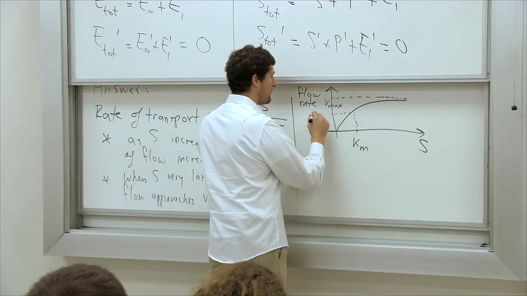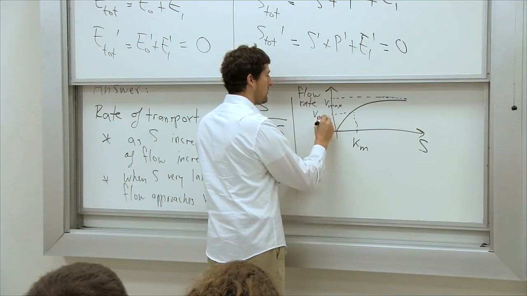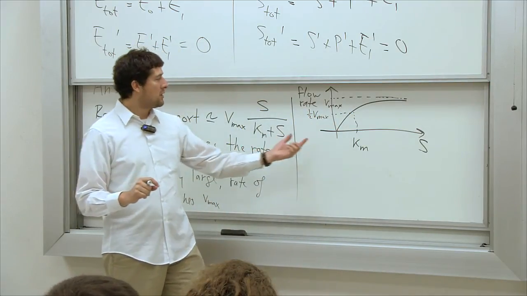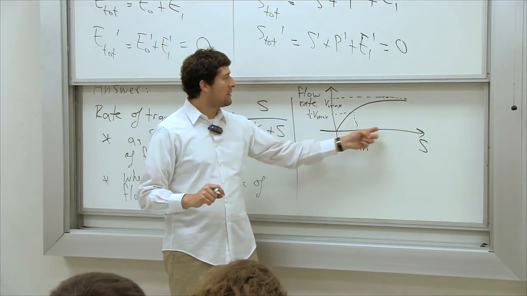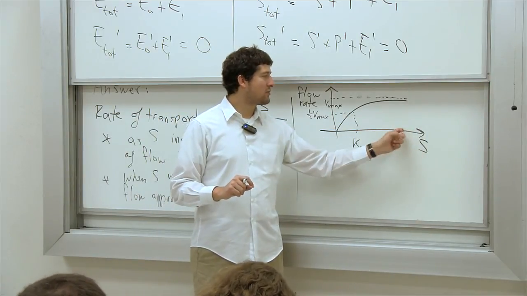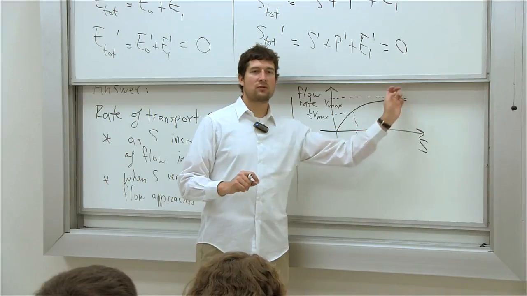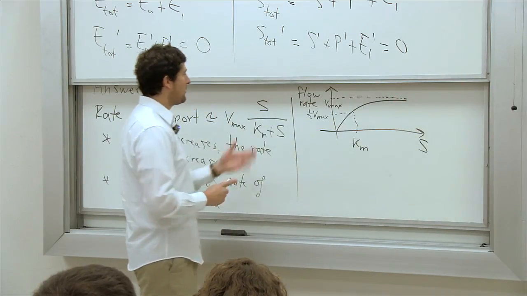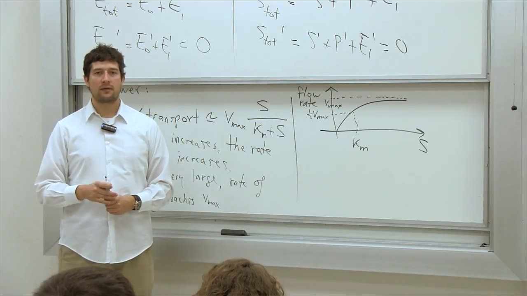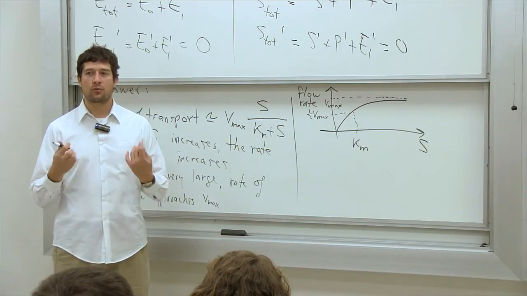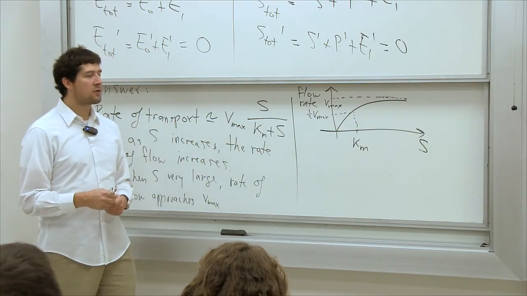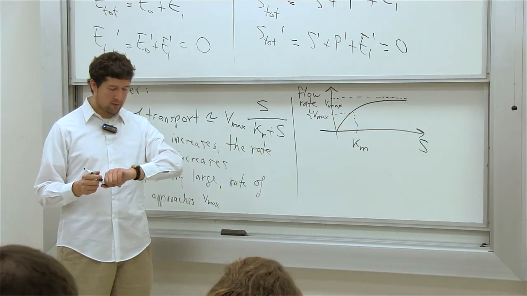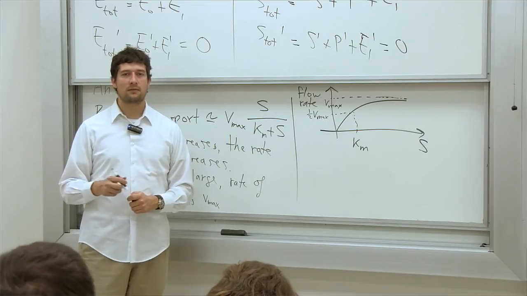So Km tells you how high S has to be for things to start saturating. All right, so there you go. This is the formula that allows you to understand the rate of transport as a function of the substrate. Again, we're not going to prove it today, but that is the idea.